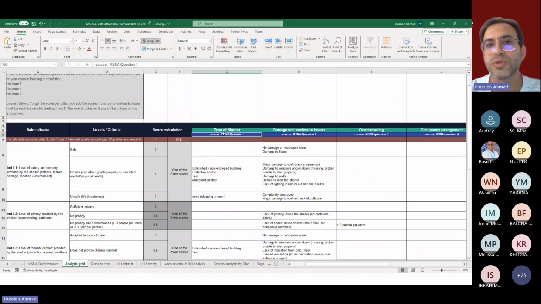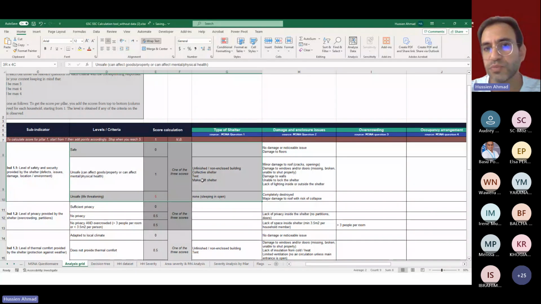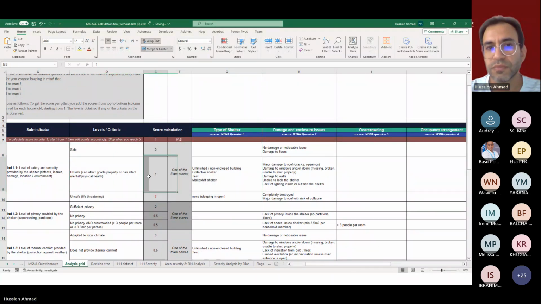So from question 1, MSNA, I will have some information that indicates that this should be the score. It's unsafe, but it's still with medium damage. Like, for example, makeshift shelter, tent, collective shelter. If the shelter type is this, it means that it doesn't provide the full safety and security.